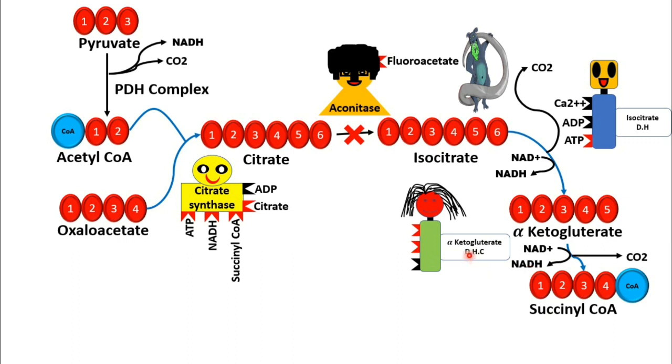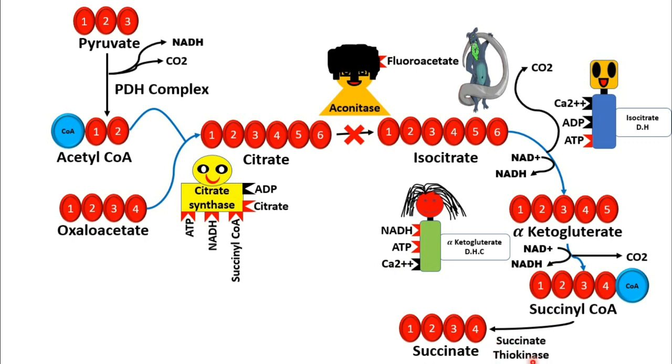Then, as alpha-ketoglutarate dehydrogenase complex also catalyzes an irreversible reaction, it is highly regulated. This enzyme can be inhibited by NADH and ATP. If there is a lot of NADH and a lot of ATP, they will inhibit this enzyme, but calcium will activate this enzyme.